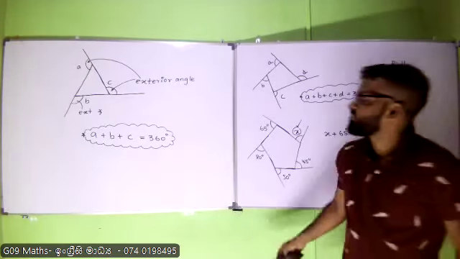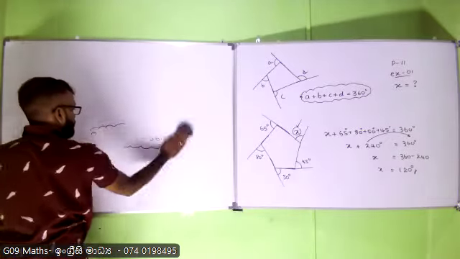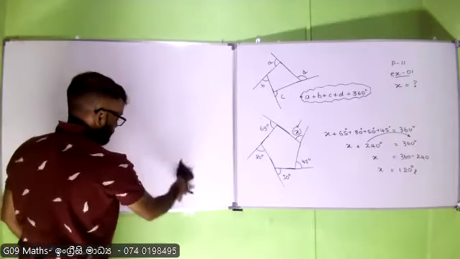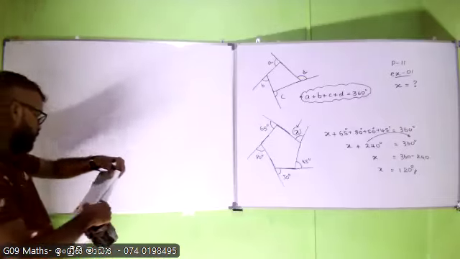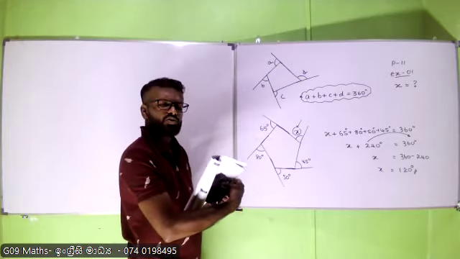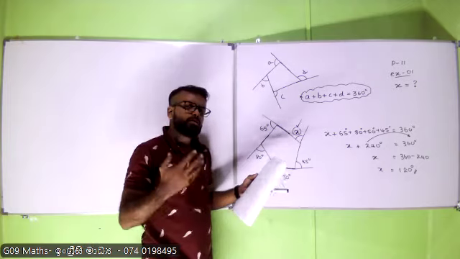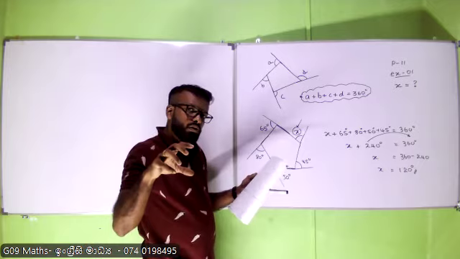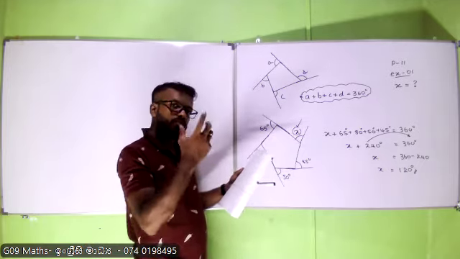Okay, let's see. I will draw the thing first. Example number 2. First of all, there are two things to be found, x and v. You need to decide which angle should be found first. What am I going to find in the first place?